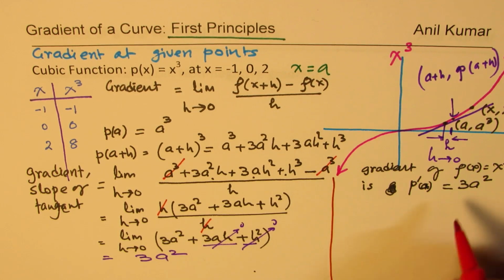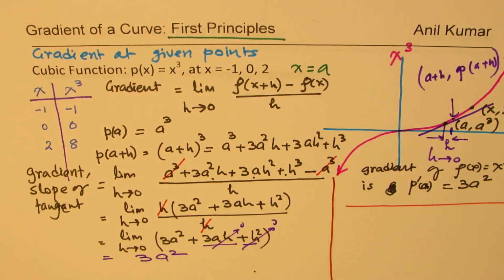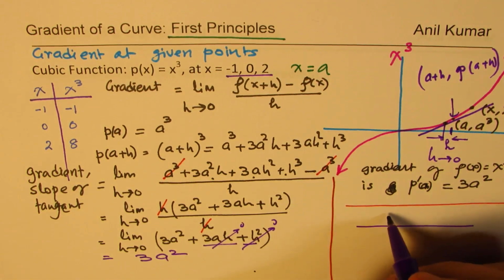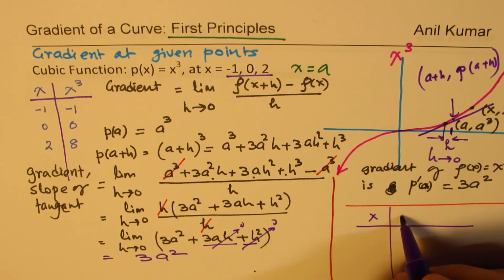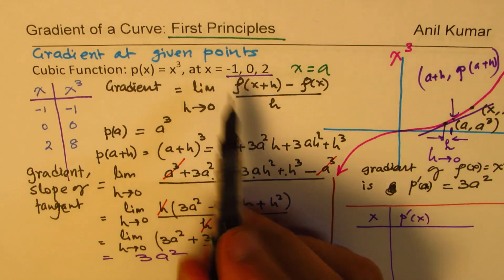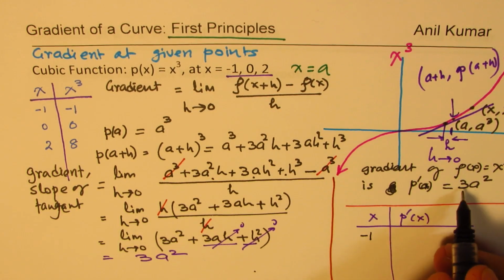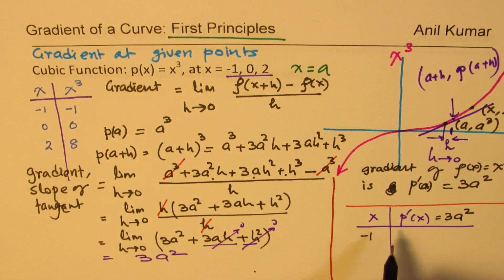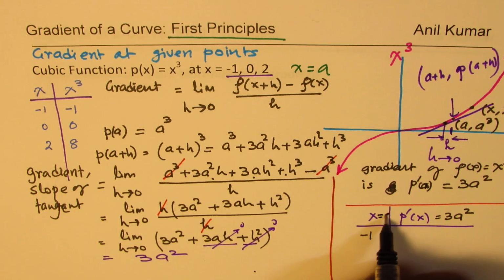So we get a general expression for the gradient, and now what we could do is find all the 3 values, right? So we can say, well, for x values, what is the gradient? So when I substitute x as minus 1, I have the expression 3a square, right? So x is equal to a. These are my values, x equals a.